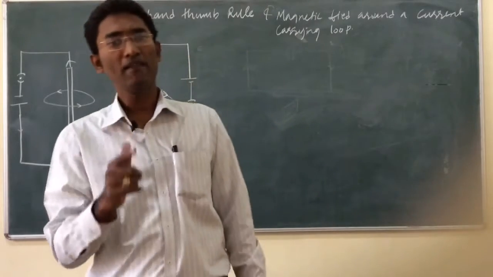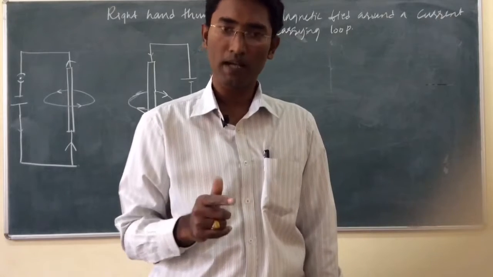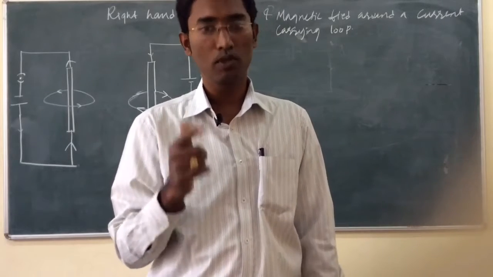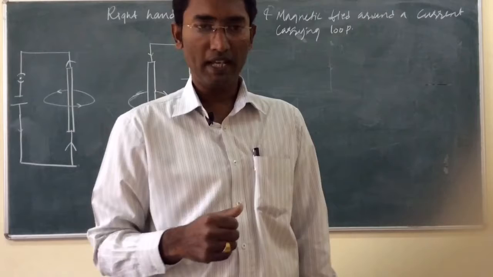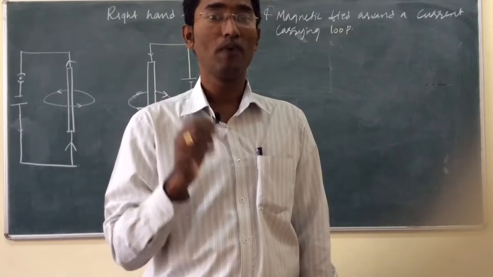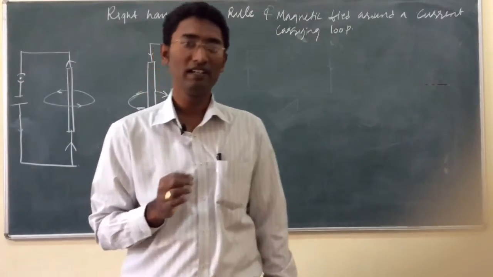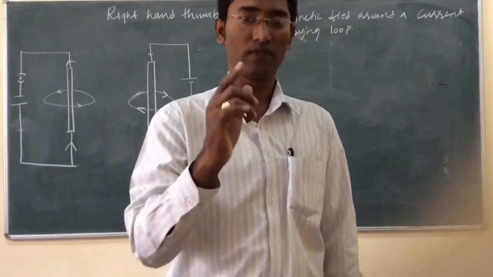So whenever a magnetic field is produced by a solenoid, or by a bar magnet, or by a current carrying straight conductor, the magnetic field always has a direction, and the direction of the magnetic field is related to the direction of current.